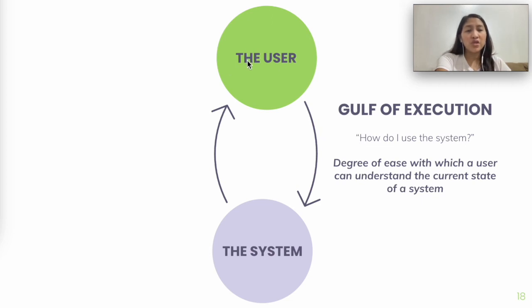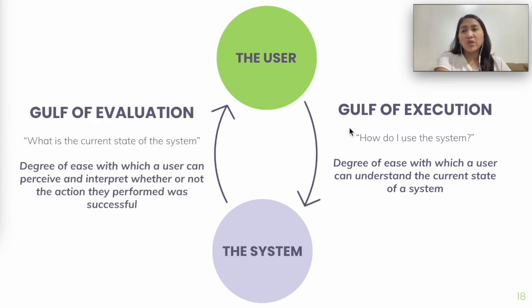If the user knows how to use the system, then the gulf of execution is lessened. So it is the degree of ease with which a user can understand the current state of a system. So when they see the status in the system, we have addressed the gulf of execution.